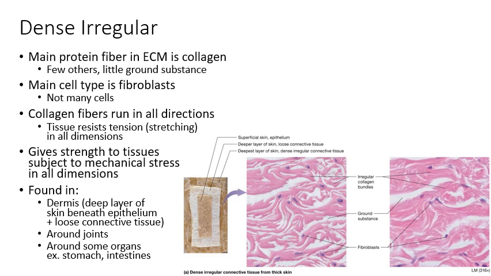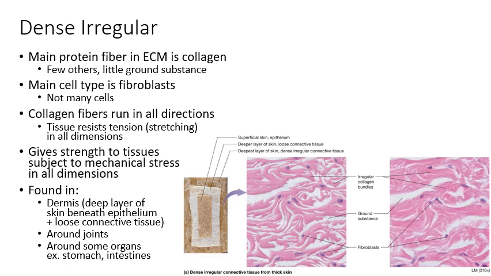This allows the tissue to resist tension in all directions. So no matter what way you pull on dense irregular connective tissue, it's always going to resist that stretch. So you would use this type of tissue any place where you know you're going to have mechanical stress coming from many directions, or any place you can't predict where the stresses would be coming from.